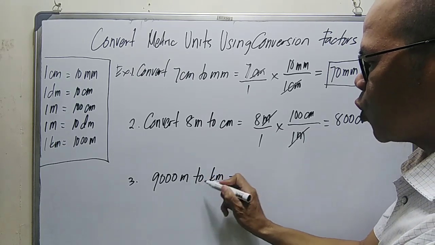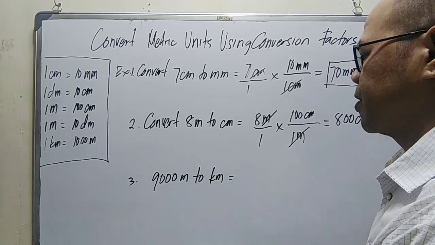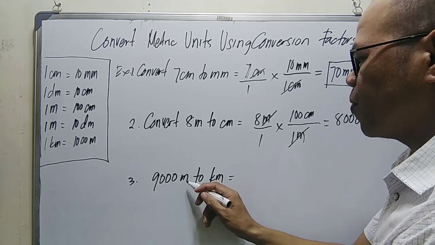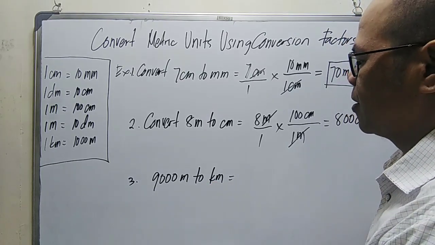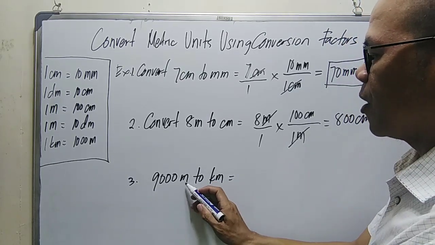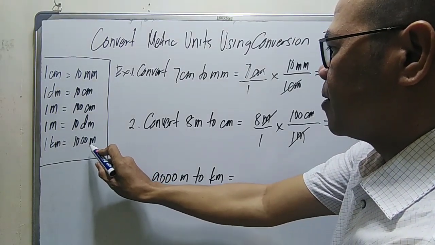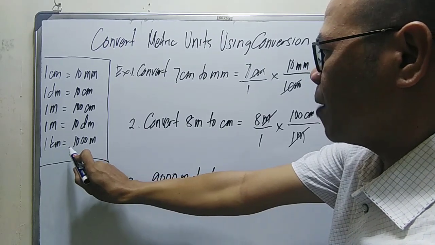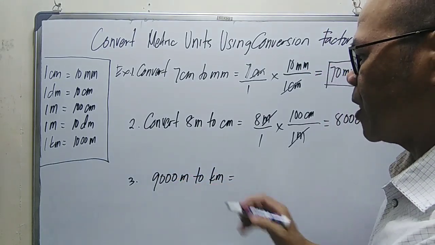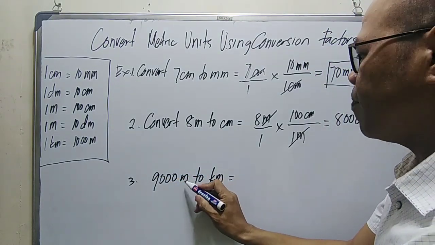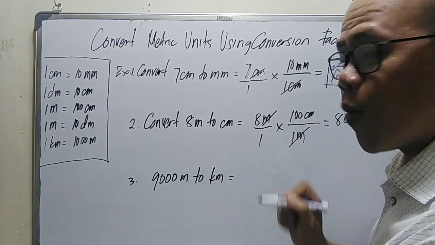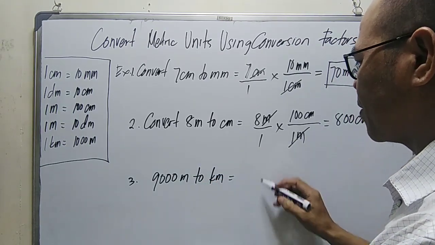9,000 meters to kilometers. Gagawin natin kilometers itong 9,000 meters. So, yung equivalent dito, 1 km is equivalent to 1,000 meters, or 1,000 meters is equivalent to 1 kilometer.